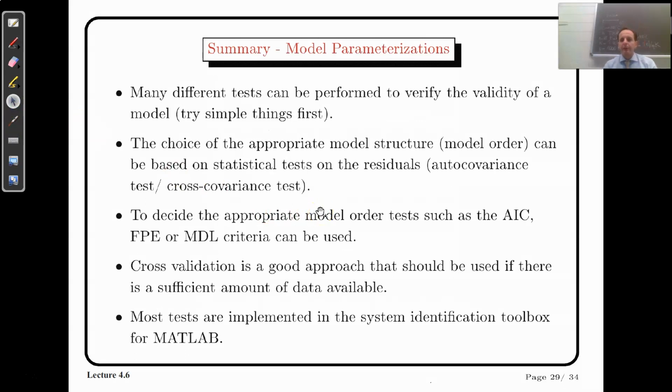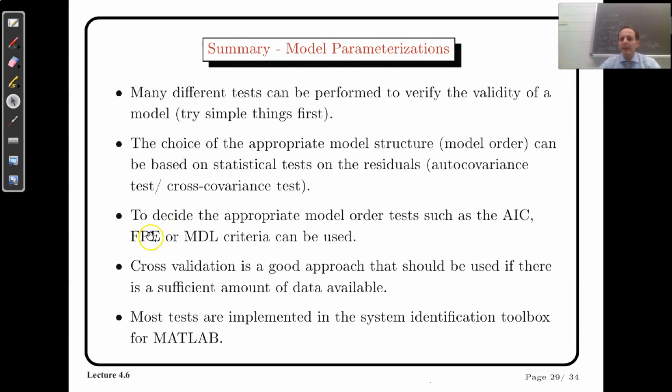So in order to summarize, we saw many different tests that can be performed to verify the validity of a model. The choice of the appropriate model structure, meaning the model order, can be based on statistical tests on the residuals, in particular the autocovariance test and the cross-covariance test. And to have an indication of the appropriate model order, you can use criteria such as the Akaike information criterion, the final prediction error, or the minimum description length.